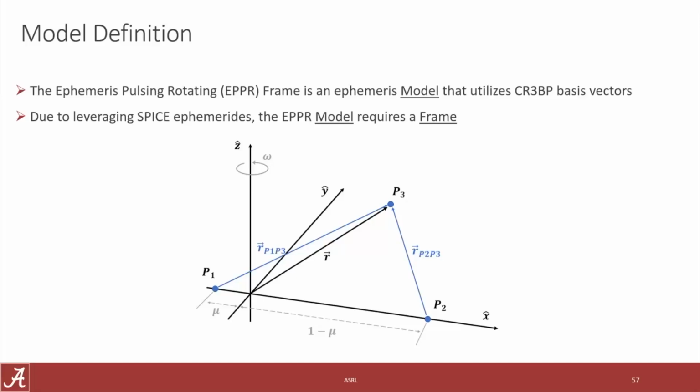In the EPPR, you always know P1 will be at your minus mu on the x-axis, for example. So it's a very useful frame where you can add in the ephemeris pulsing of the frame from your two bodies being in elliptical orbits, and you can add in the ephemeris perturbations of things like the sun.